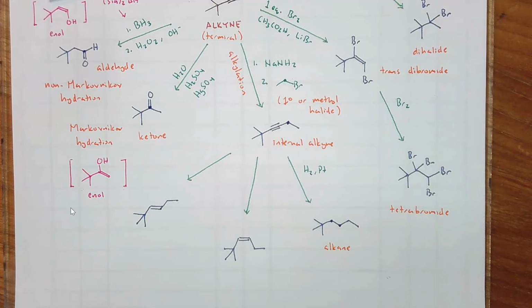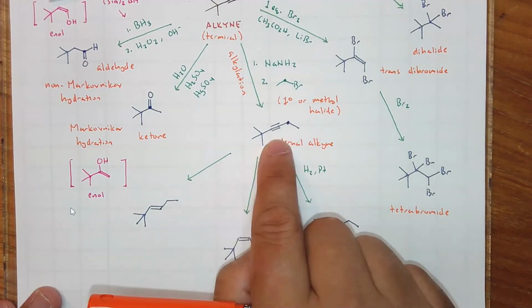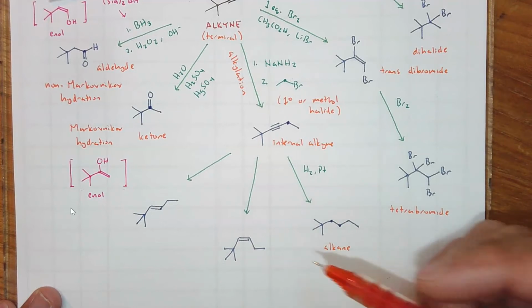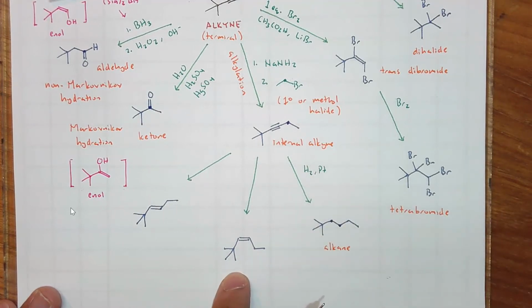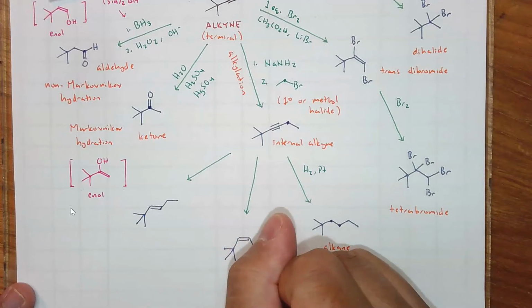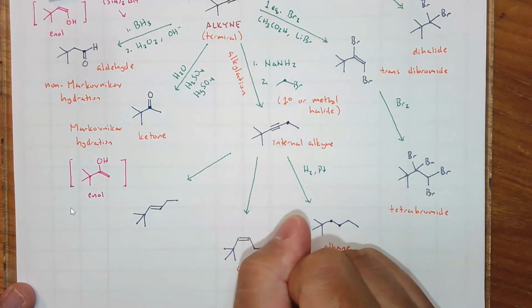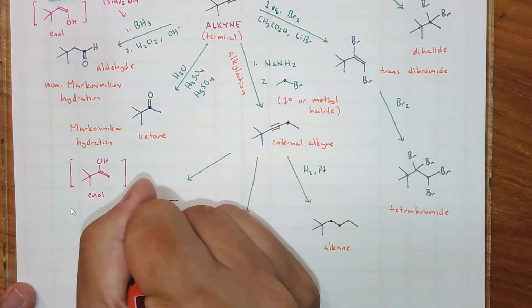Now, if you want to make an alkene, if your triple bond is internal, there are two options. You can make a cis alkene or a trans alkene. So this is a cis alkene, and this is a trans alkene.